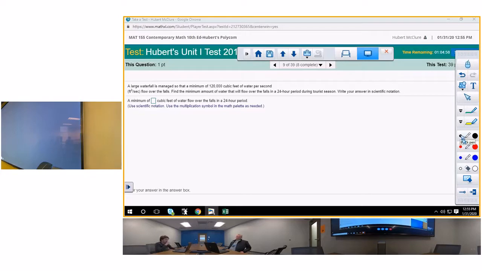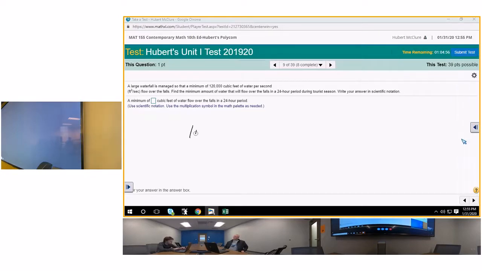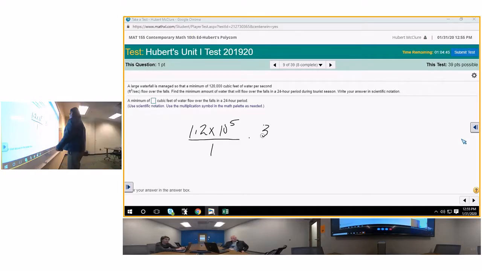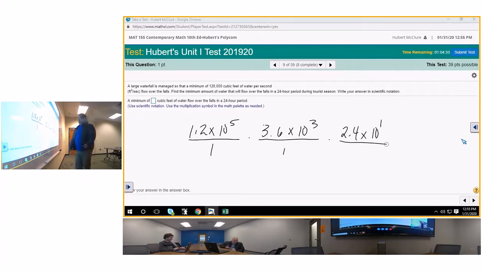And that'll be 1.2 times 10 to the 5th over 1 times 3.6 times 10 to the 3rd. 3.6 times 10 to the 3rd over 1 times 2.4 times 10 to the 1st. Right?